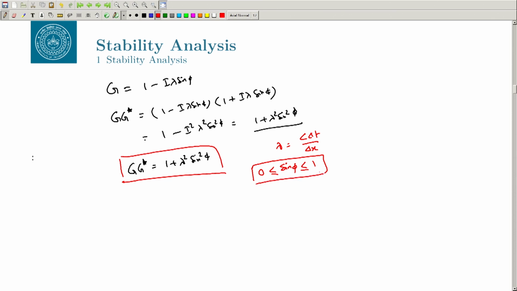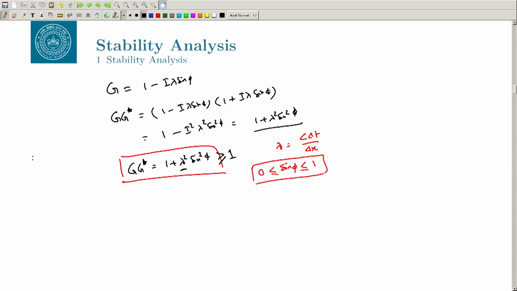That means, this value 1 plus lambda square sin square phi will always be greater than basically 1, right. If sin phi is equal to 0, then it will be equal to 1, otherwise it will always be greater than 1.